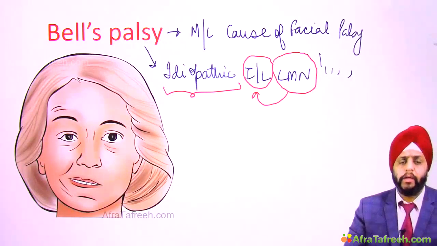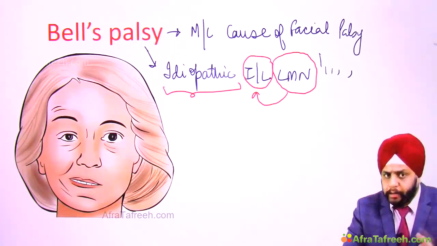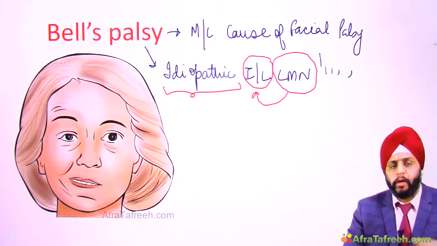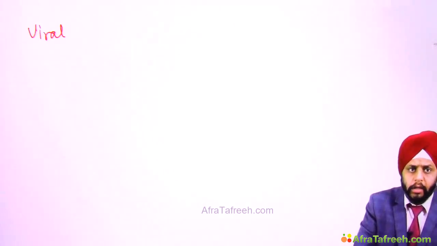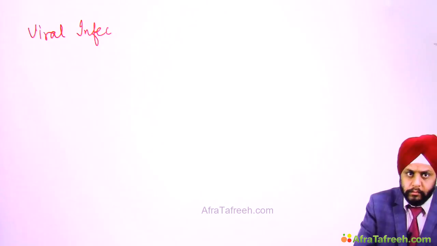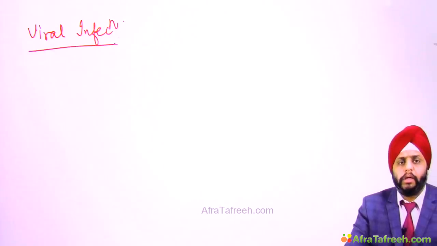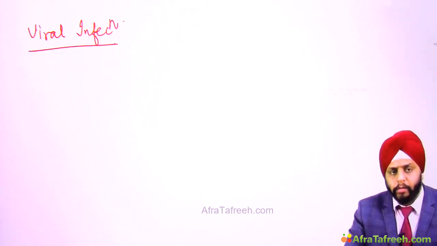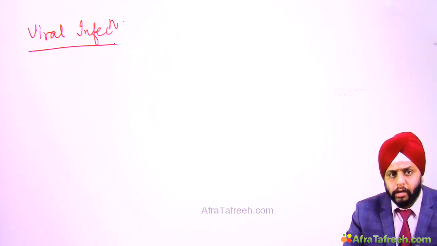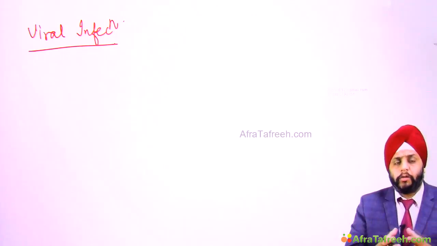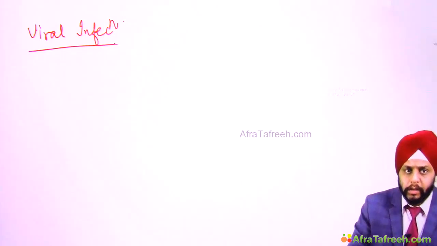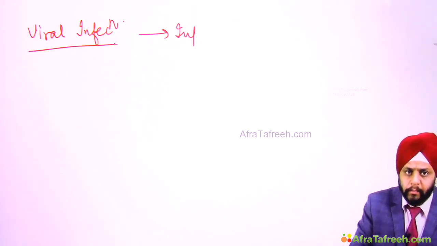But nowadays, a lot of causes have been defined for this Bell's palsy. A lot of hypotheses have been given. The most forerunning hypothesis is the viral infection. Because of the viral infection, the facial nerve undergoes inflammation, and because of the inflammation, there is a swelling.